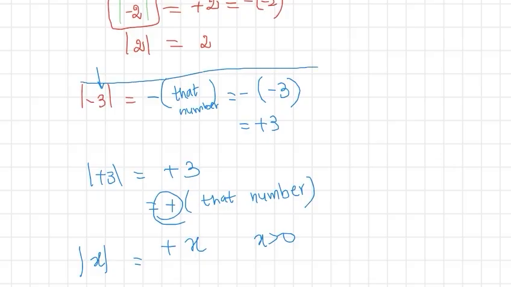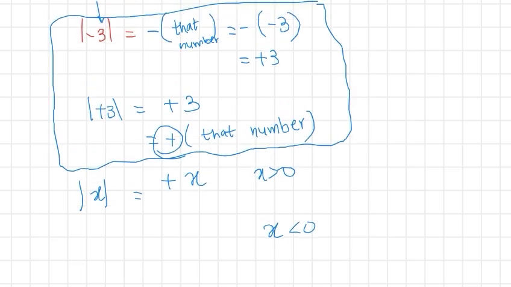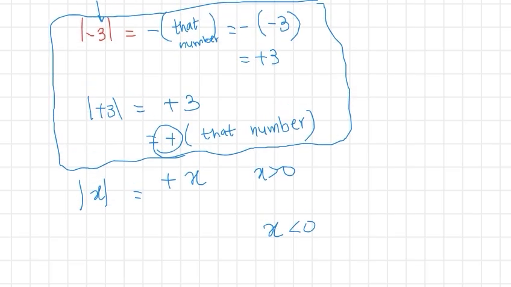See, look at this analogy again. Try to understand what the answer is. It's simple. If the inside number is negative, the answer is the negative of that number. If the inside number is positive, the answer is the positive of that number.